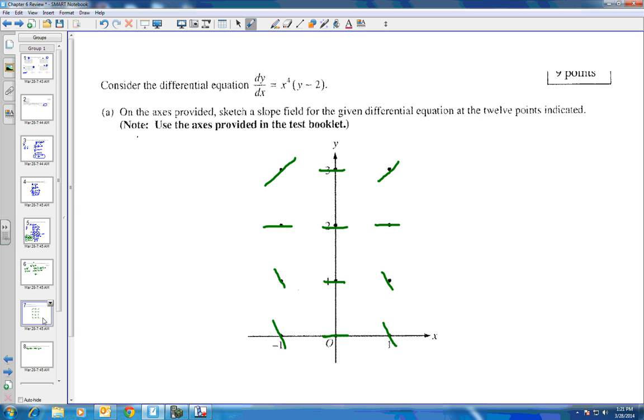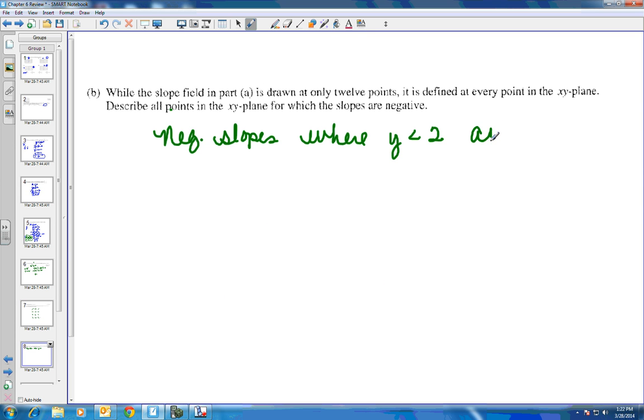Where x is not equal to 0. Yep. You probably won't have a question like that on your test, but it's nice to know what they want. They want you to look at your points and tell where you would have negative slopes.